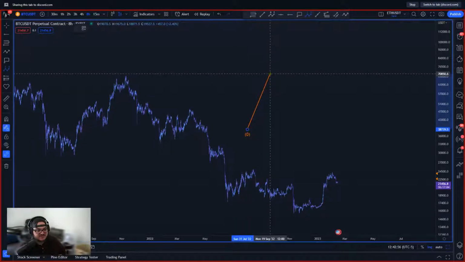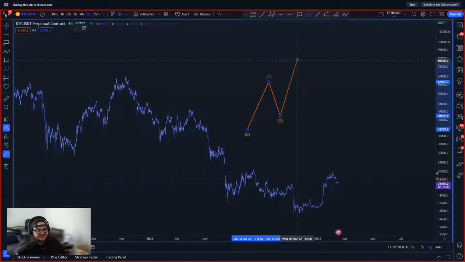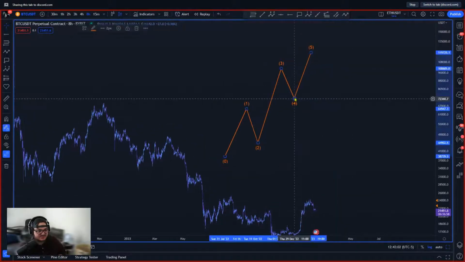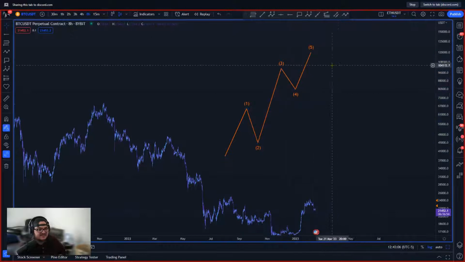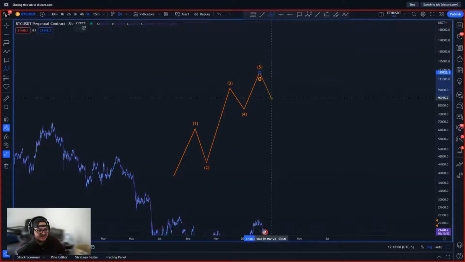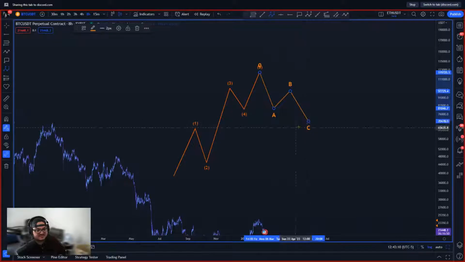Impulse waves are very accelerated and aggressive uptrends or downtrends, usually categorized in fives. There's a bunch of different rules that go into Elliott wave, and I'm not going to go through all of those today. Then it's followed by some sort of ABC pullback or ABC flat correction: irregular flats, expanded flats. There's a bunch of different options in between. So the ABC method is a modified version of this.